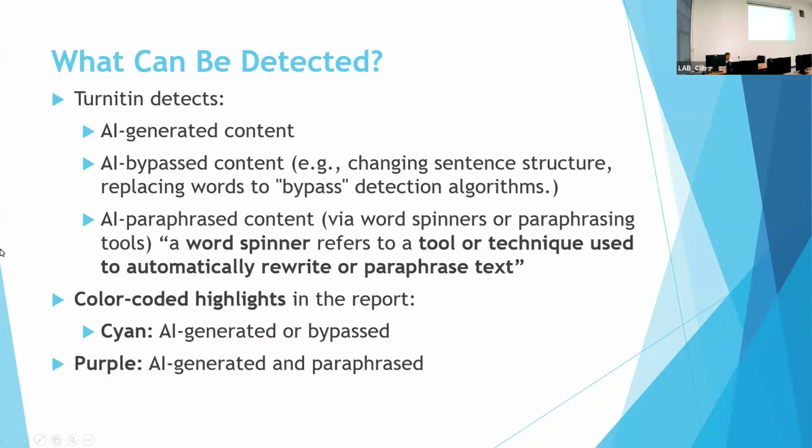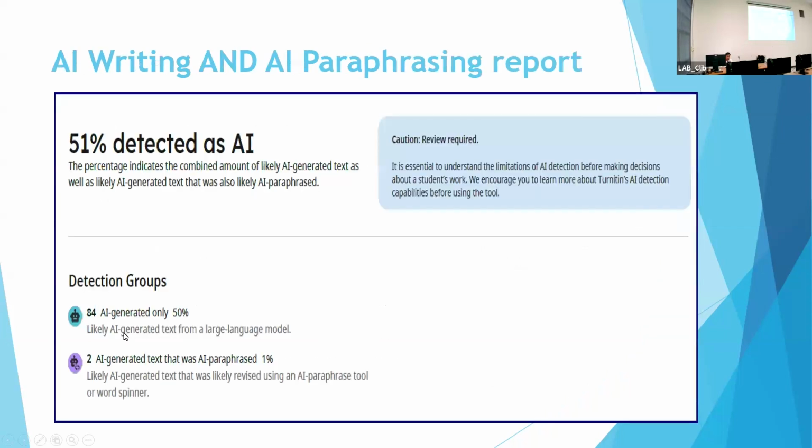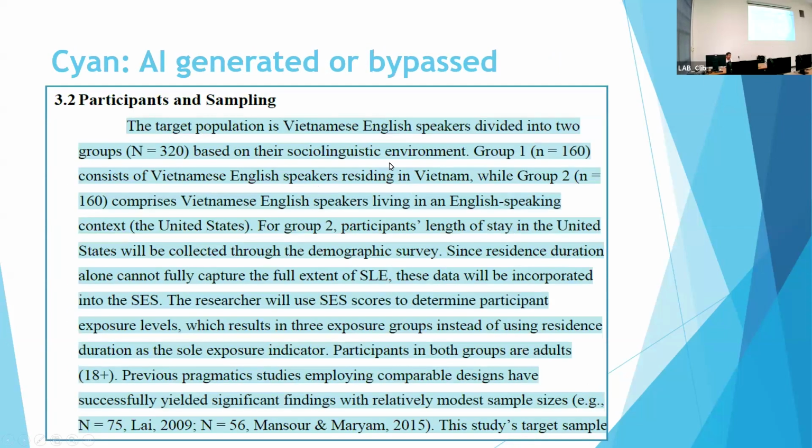Turnitin will highlight in different colors. From model 1, group 1, AI generated text and bypassers, they will highlight in cyan. Cyan means green or blue. They detect like this. It shows you used the model generated text and AI bypasser.